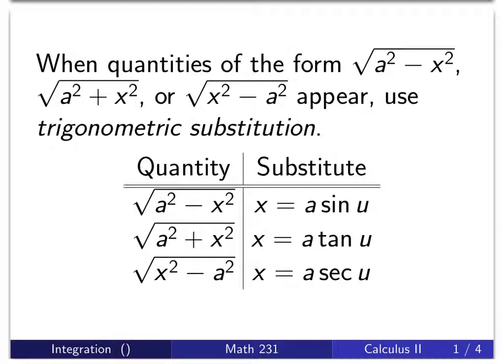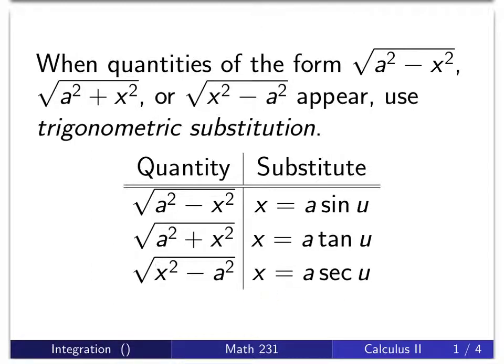The general rule is that if you see the square root of a squared minus x squared, you can replace x by a times the sine of u. If you see the sum, you can replace x by a times the tangent of u, and for the difference, x squared minus a squared, a times the secant of u.